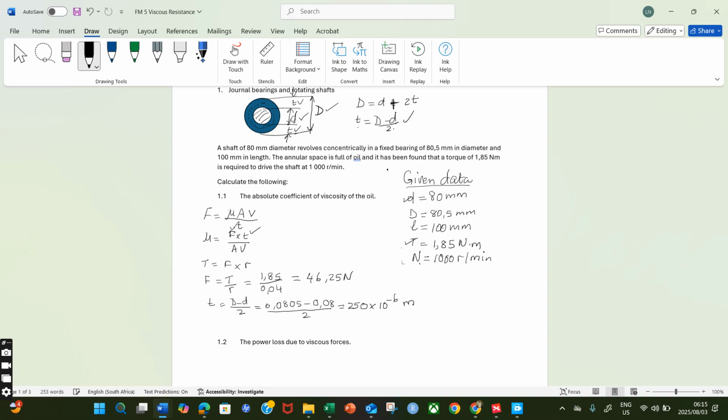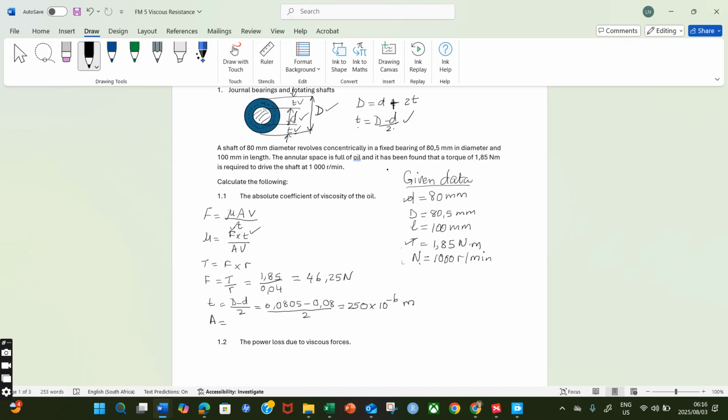So we need to take the mean diameter. We need to use the mean diameter in calculating the contact area of the shaft. So we'll say area is equal to, in this case, the contact area.